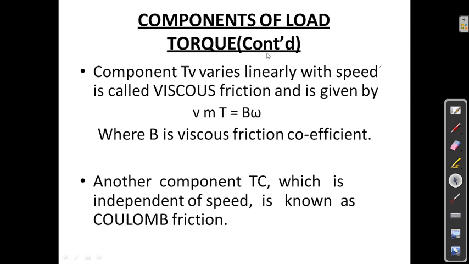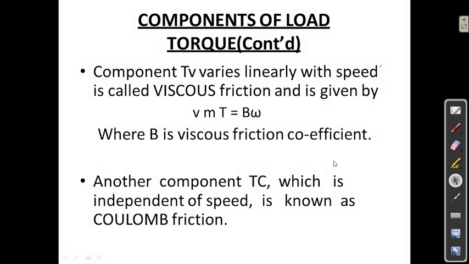In viscous friction the speed varies linearly, which means any change in speed is denoted here. Whether it varies linearly or differently does not matter, but changes in the speed constitute viscous friction. Whereas Coulomb friction is independent of speed.